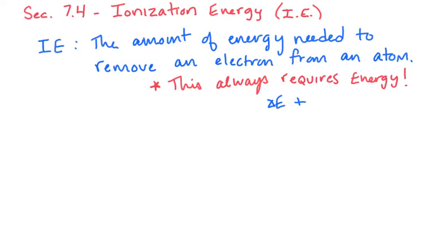And the way that we can represent this is, well, let me take a step back. We're going to want to use a gas when we look at the ionization energy involved in taking an electron away from an atom. We want to use a gas because when we're dealing with gases, there's really no interaction with anything else.